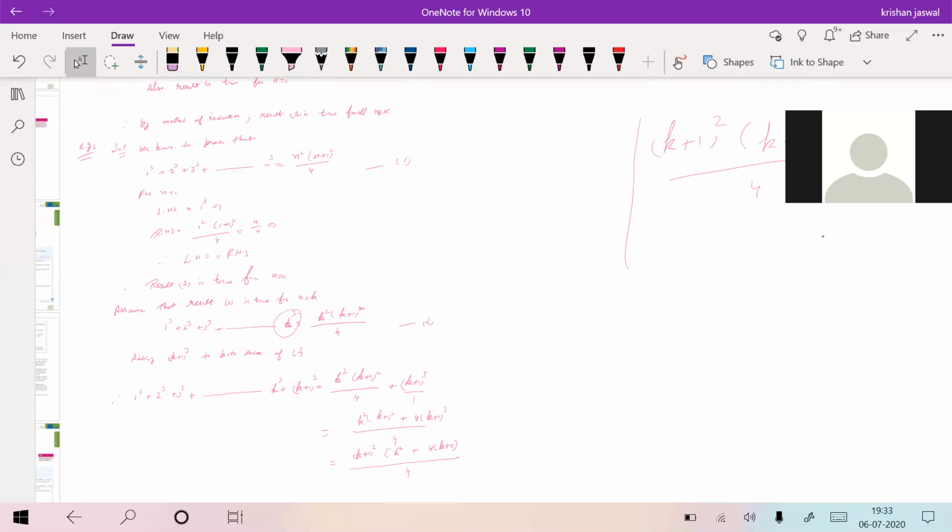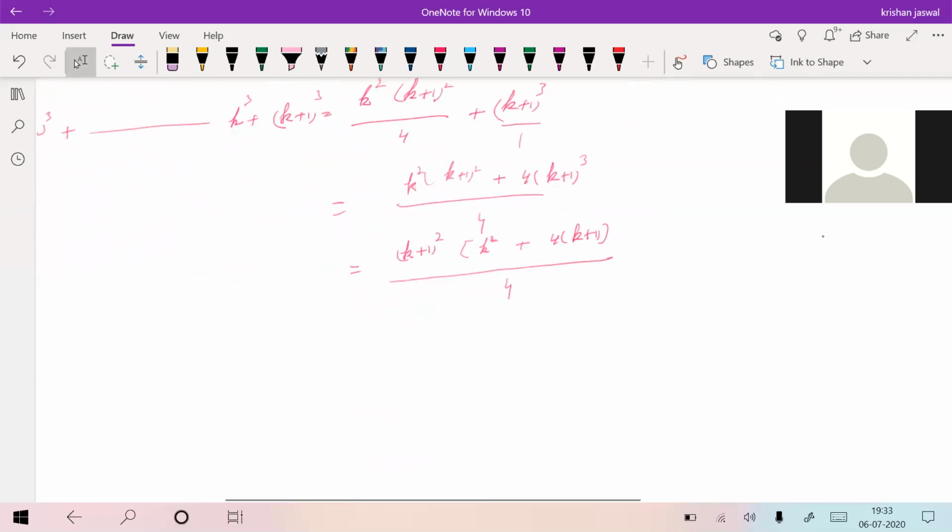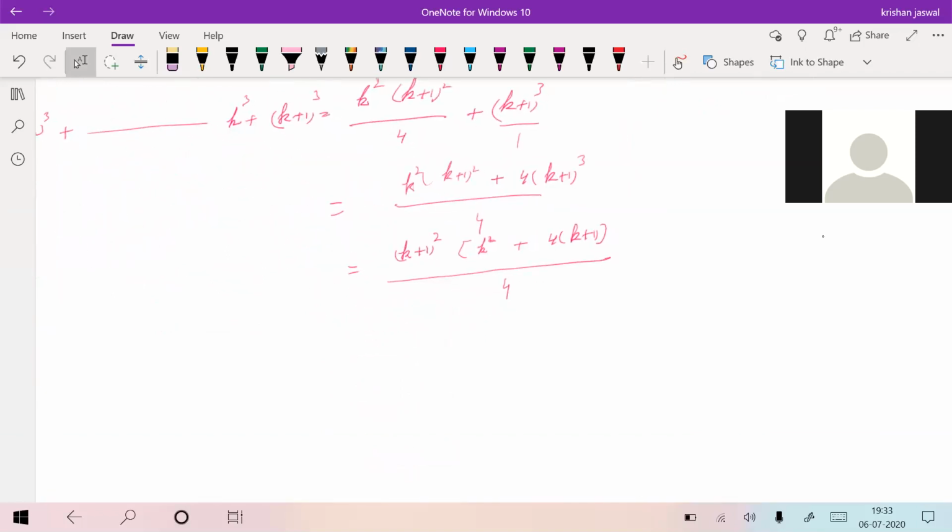Now we have to prove k plus 2 whole square, or k plus 1 plus 1. We have k plus 1 whole square into k square plus 4k plus 4 over 4.